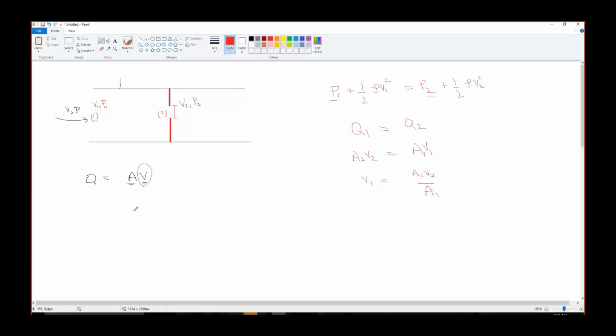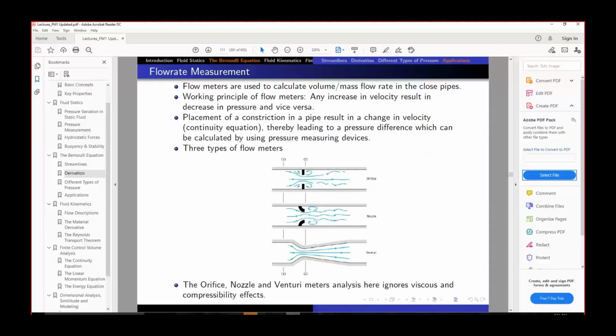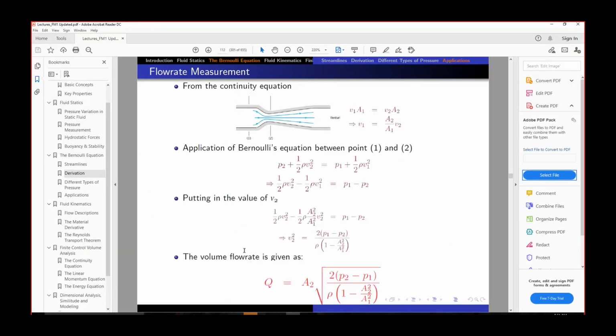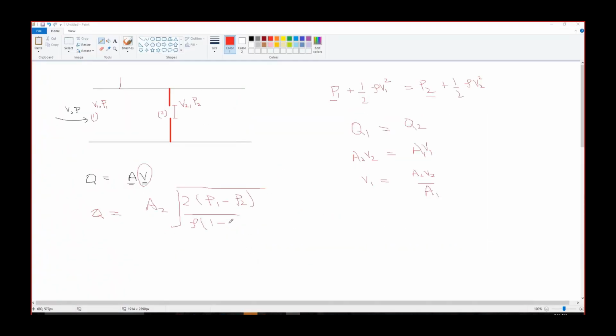Now I wrote that Q is equal to A2 into the velocity equation we have found earlier. The velocity equation we have already found earlier, I'm rewriting it here: A2 V2, which is basically square root of 2 into (P1 minus P2) divided by rho into (1 minus A2 square by A1 square).